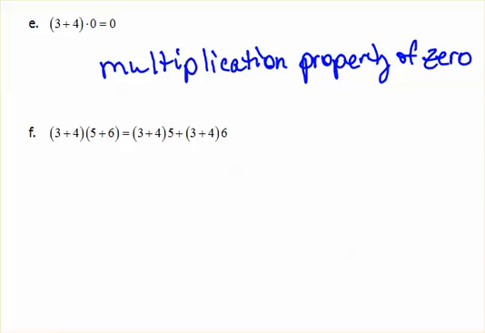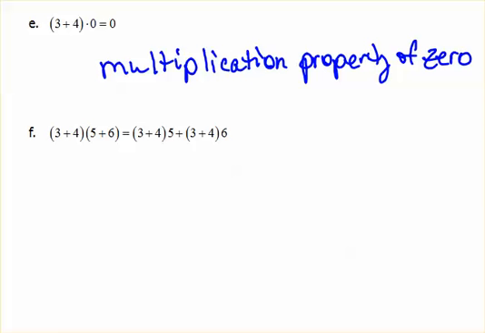We have the quantity 3 plus 4, times the quantity 5 plus 6, equals the quantity 3 plus 4 times 5, plus the quantity 3 plus 4 times 6.